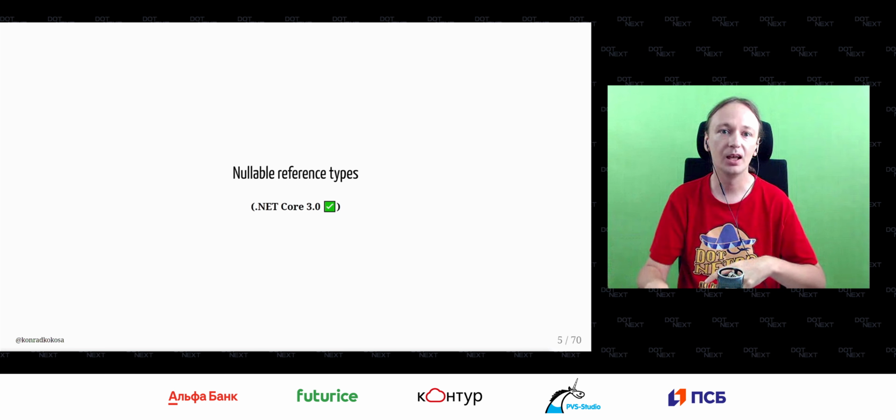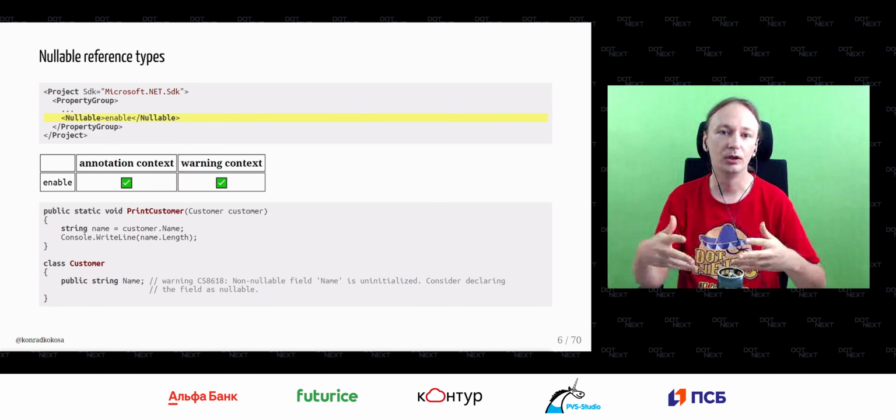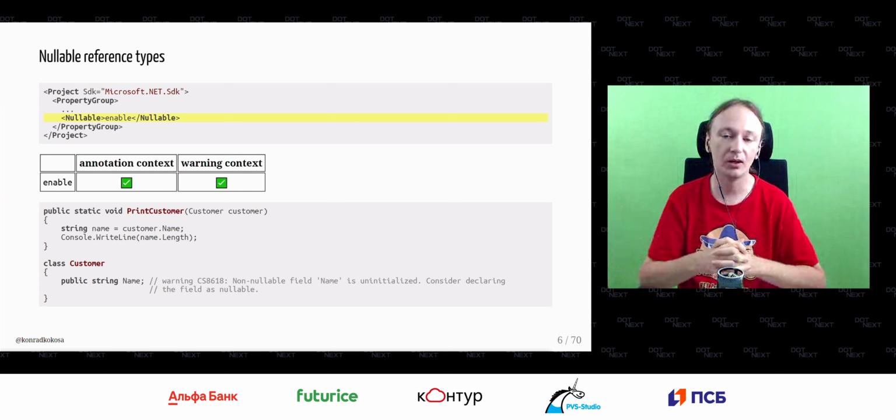We can enable it by turning on a flag inside the project settings and setting the Nullable property to enabled. The control is much more fine-grained. You have the possibility to turn on only annotations or only warnings about nullables. We will not dig into all that because we have other topics to cover.